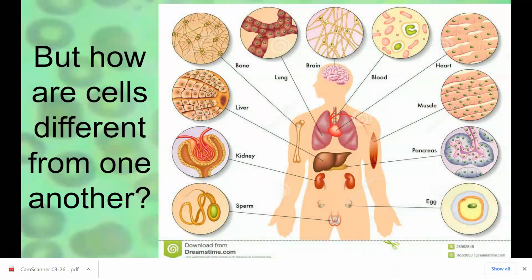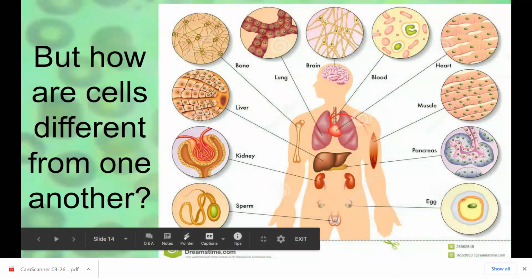So here's a nice additional diagram of different types of cells that exist in your body. Again, there's more than this, but you can see how different some of them look from one another. And this kind of goes to exemplify what I was saying about animal cells being able to be so many different shapes, because we have a sperm cell here that has a giant tail on it.